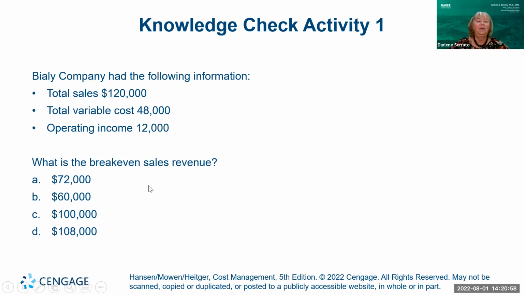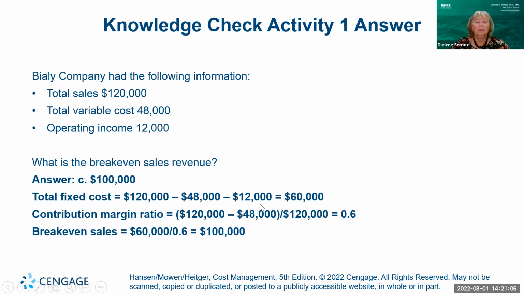And what does that give you as the contribution margin percentage? Right here. So 60,000 is the contribution; total fixed cost is the 120 minus the 48 of variable minus the 12,000. So that fixed cost is 60,000.